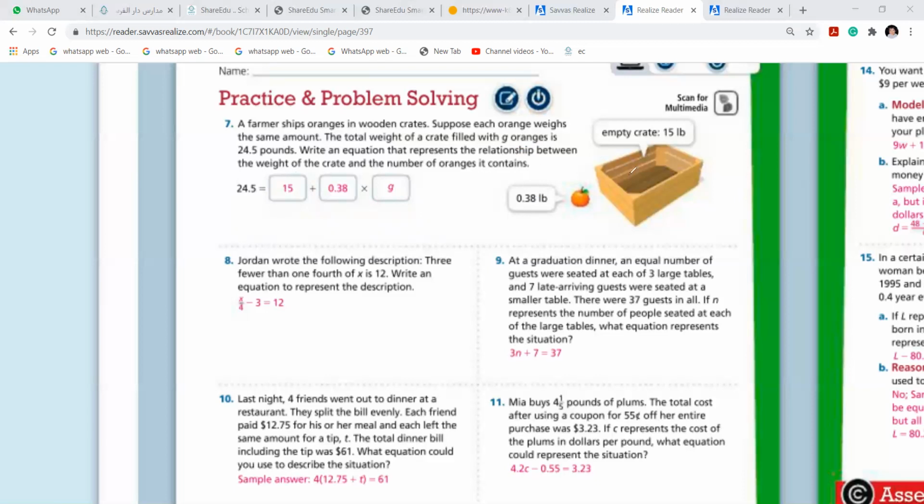If I just take 15 plus, if I don't take this G, that means 15 plus only one orange. Do I need one orange? No, I want this. Maybe G means 10 or 20, I don't know. So that's the reason I will put 0.38 times G.